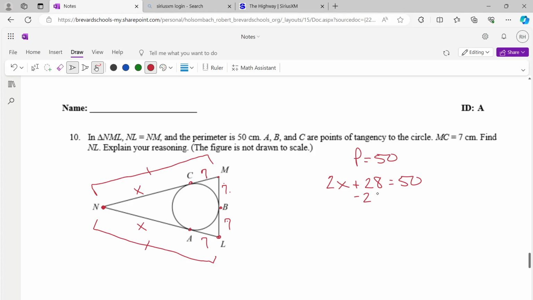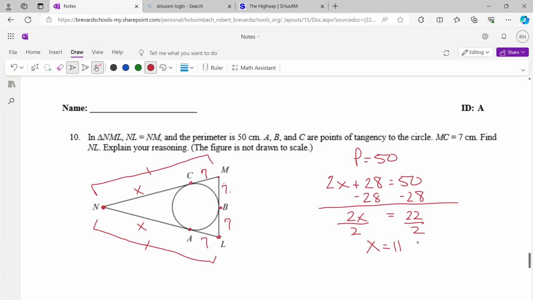So subtract 28 from each side. And our 2x equals 22. Divide both sides by 2. And our x is equal to 11.